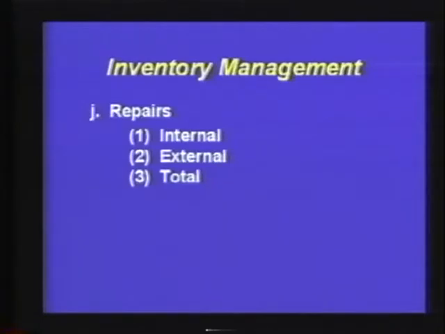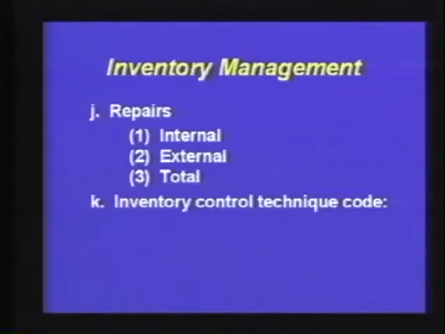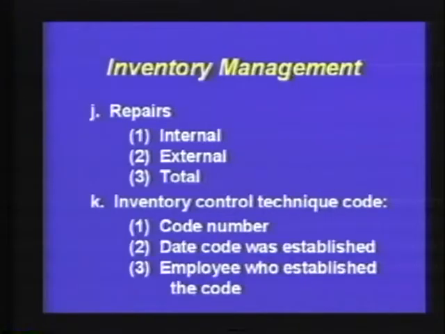And in some cases, you may find, depending on volume, the same item could be repaired internally and likewise externally. So J3 represents the total repairs that are on order relative to the repair status. Now, the inventory control technique code, where we have the code number, the date the code was established, and who established the code, is going to be addressed on page number 9.